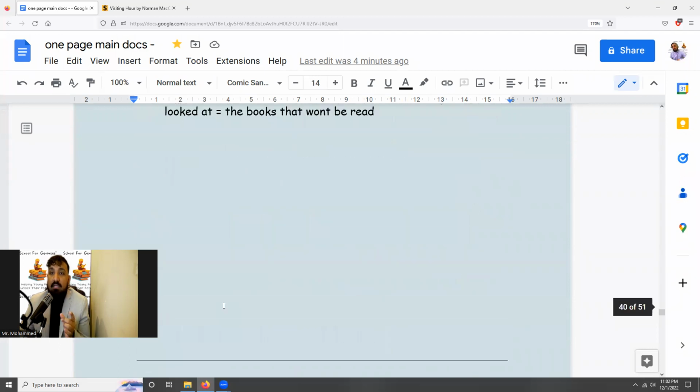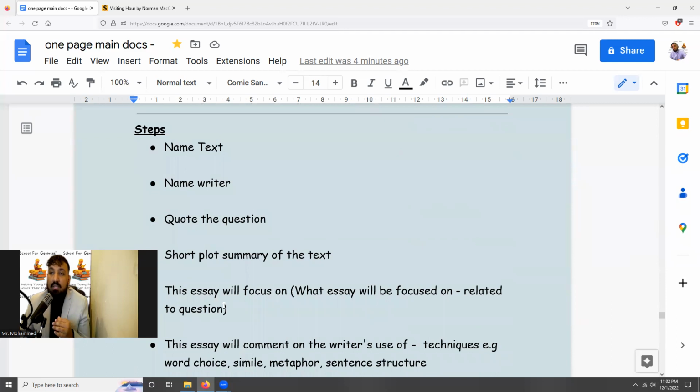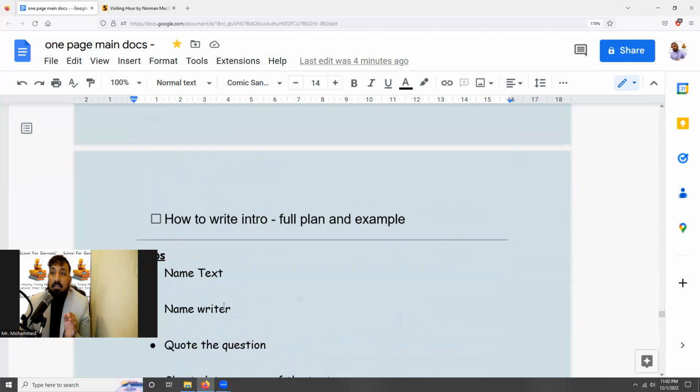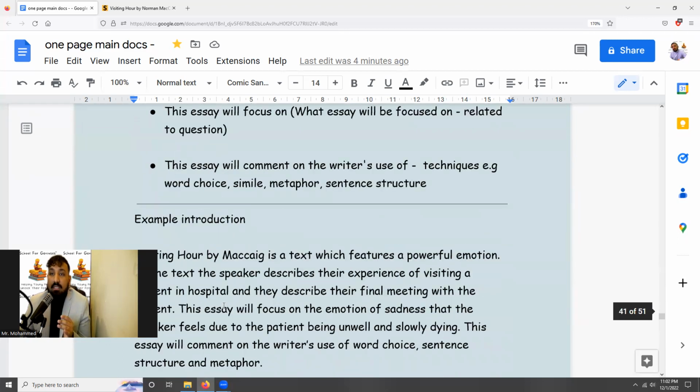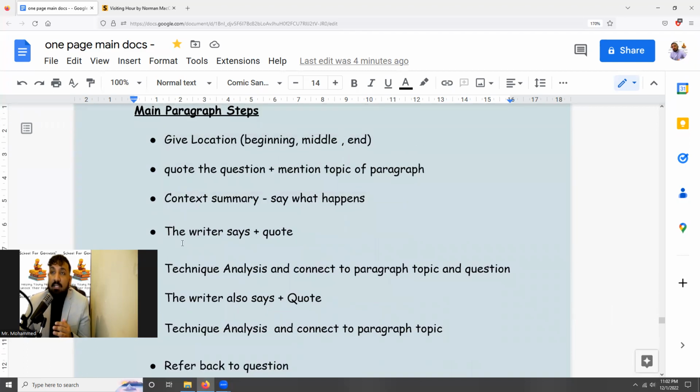Start by taking a question. So have a look in the practice questions at the end of this essay section. Pick a question, choose a focus, make an essay plan, write an introduction, write a bunch of introductions, and then go ahead and write a bunch of main paragraphs using these steps.